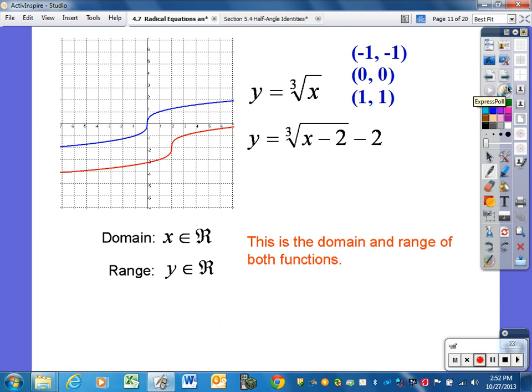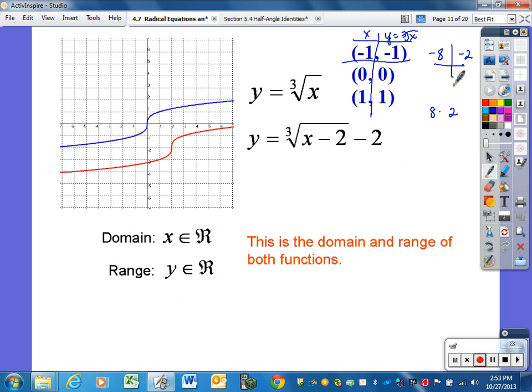Okay, let's look at cube root. So my parent function is right here: y equals cube root x, which is x to the 1/3. Can you cube root a negative? Yes. I could go further and say negative 8's cube root is negative 2, and positive 8 is positive 2.